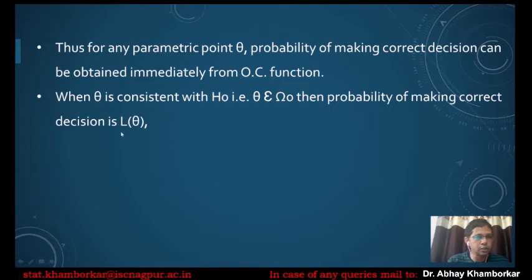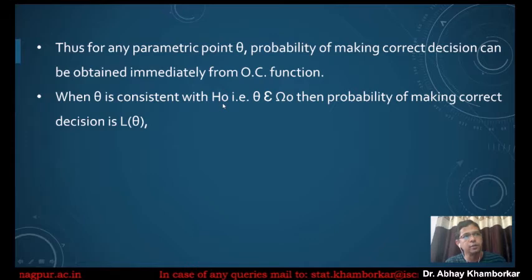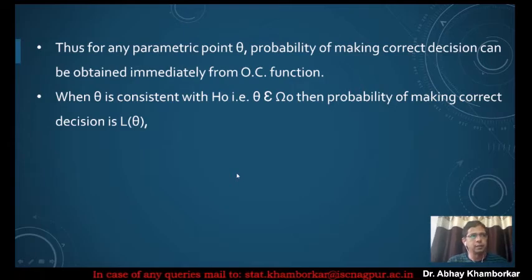So in such situation, L theta will represent a probability of taking a correct decision. On the other hand, if theta is consistent with h1, उस केस में probability of making correct decision हो जाएगा 1 minus L theta.